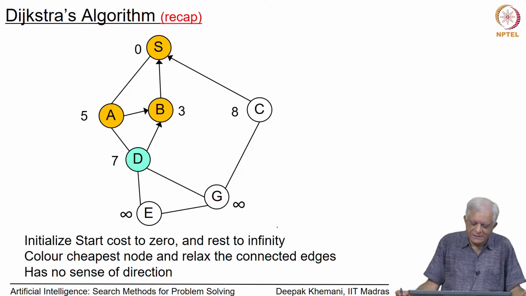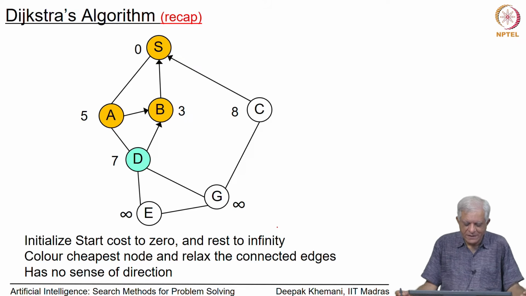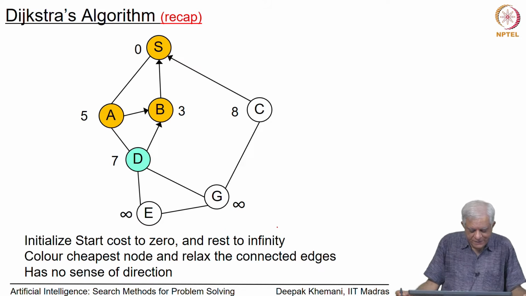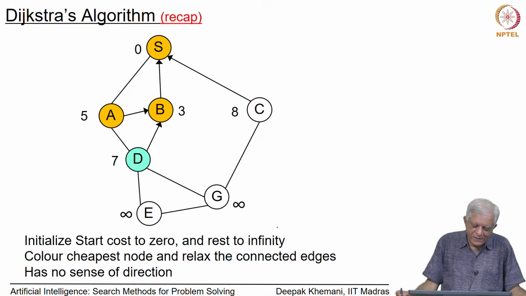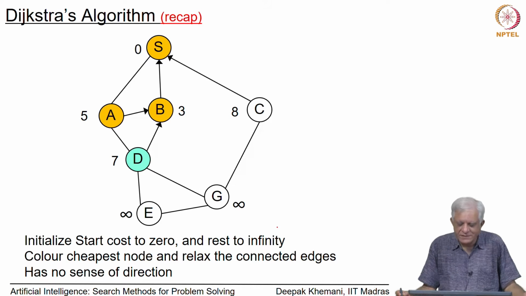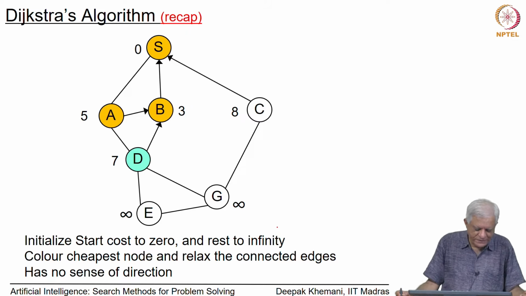So, D for example, does not have a path infinity, it has a path 7. C also does not have a path infinity, it has a path 7, because these are neighbors of nodes which have been colored black, in our case orange. But nodes E and G are still labeled infinity, because we have not relaxed any of its neighbors, which is D or C, and at this stage of the algorithm we can see that the algorithm was about to relax the node D.